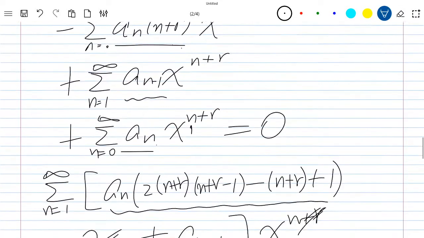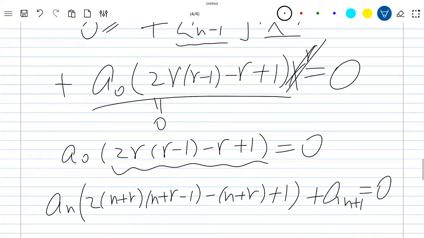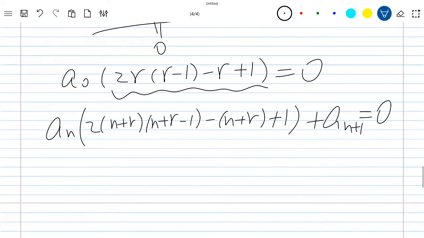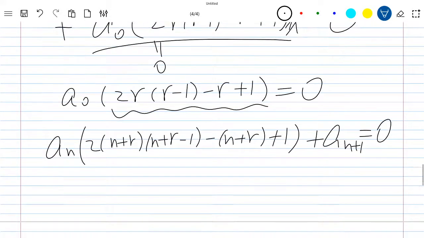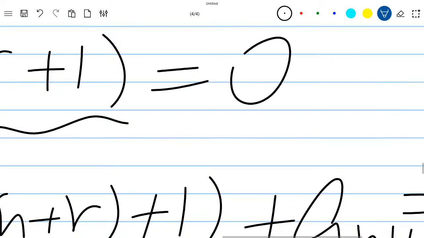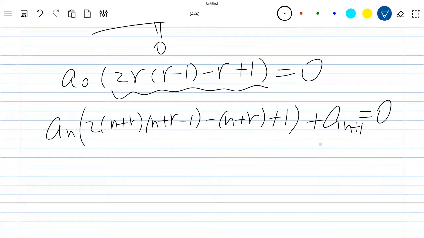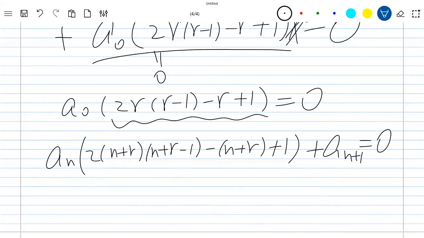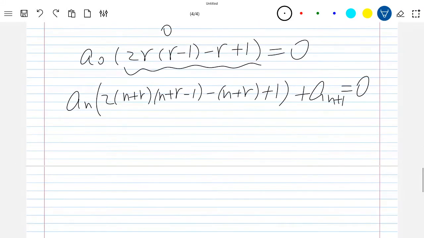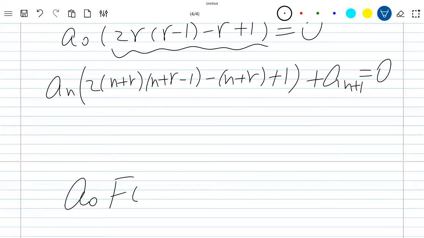So what do we see? The first term, sorry for that, you can write out as a0 times f of r equals 0.